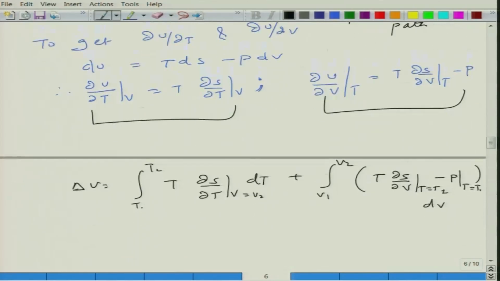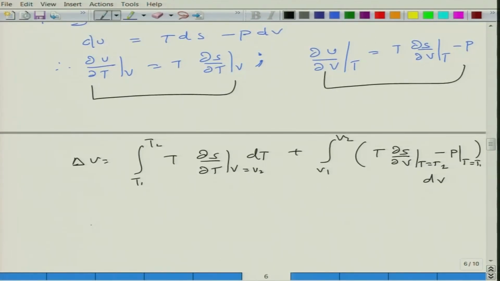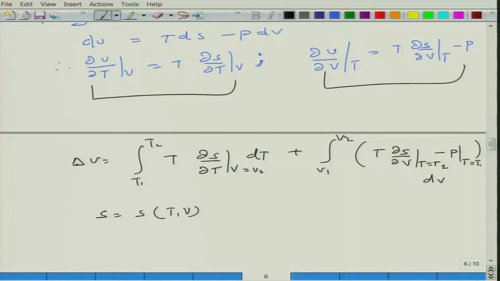Now, this becomes more complicated. Further, the issue is that we do not usually know S as a function of T and V. And what we want to do is express this delta u finally in terms of something which we can measure experimentally. So, what can we measure experimentally? We can measure PVT relations.